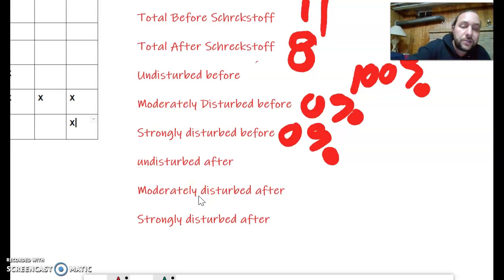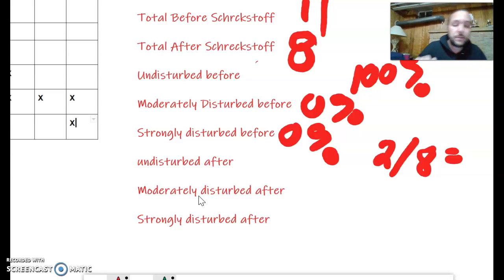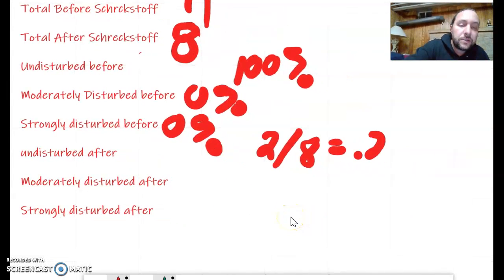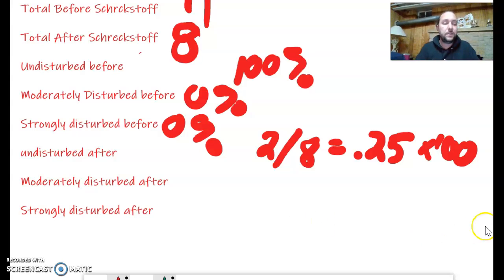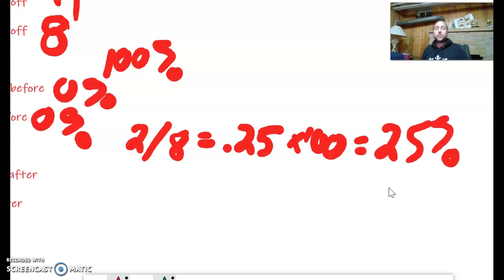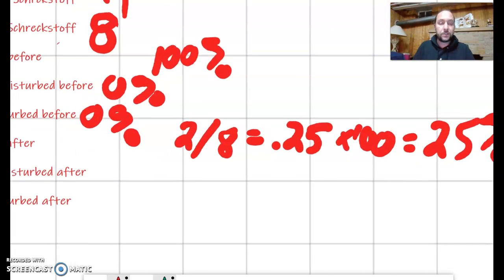So my math is 2 out of 8 equals 0.25, right, times 100 equals 25%. So 25% of the behaviors after the Schreckstoff were added were undisturbed behaviors.